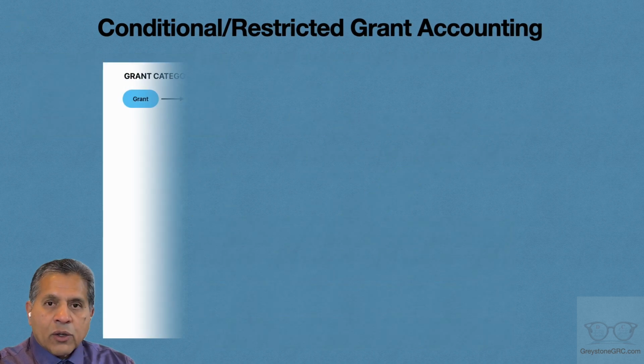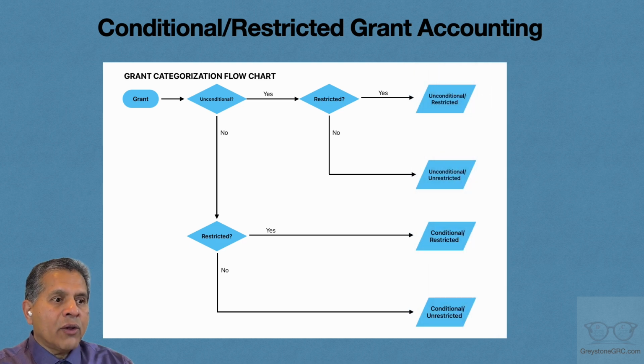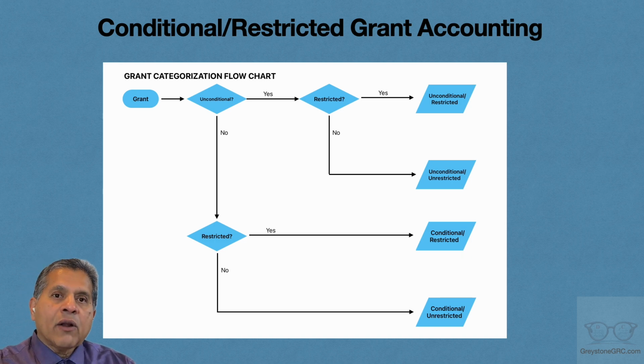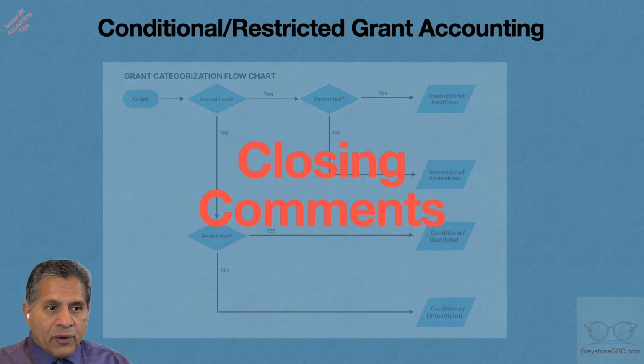So, looking at the total chart again, in this series of videos, we talked about how you categorize grants into one of the four buckets. In this video, we looked at how you address conditional restricted. In other videos, we talked about each of the other three. And the suite of 5 videos explains how you handle grant accounting at a high level. Now, for more detail, if you have specific questions and you want to lay it out, we'd be happy to address that.